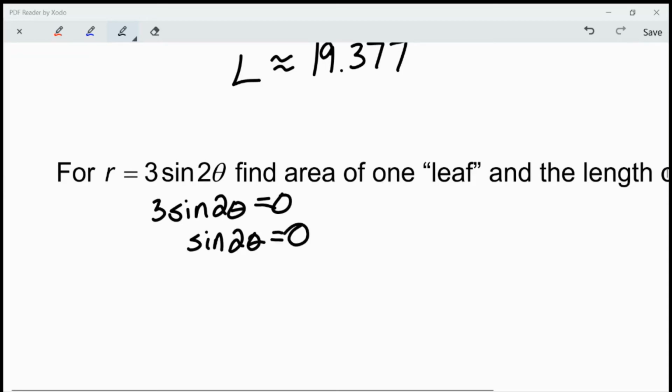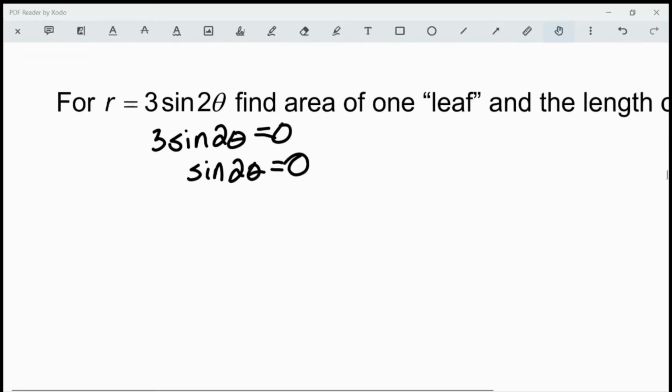Then I can write sine 2 theta as 2 sine theta cosine theta, and I would get 0 and pi over 2 as two consecutive values there. So that's kind of how you can set that up. If you're not really sure, you can go through and solve it out. But now that we're finding the area and the length, we know what our limits of integration are.